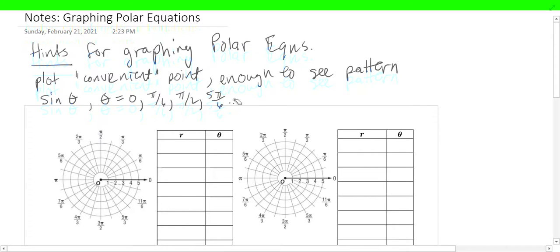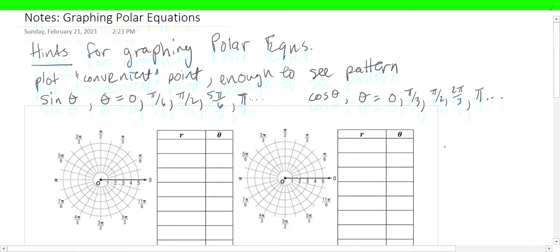Well, let me put pi in there so you can see the whole pattern. Pi, and then you just keep going. If you're talking about cosine of an angle, the convenient angles are 0, pi over 3, pi over 2, 2 pi over 3, pi, and you keep going.